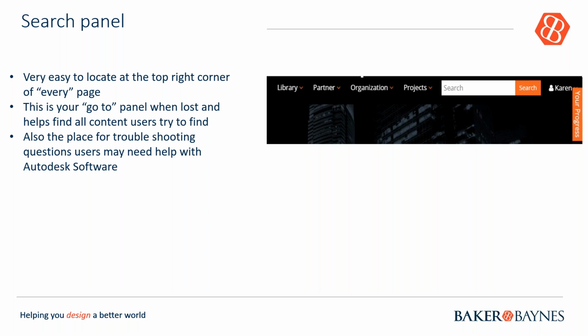It is your go-to panel when lost, and helps you find all the content that you may be trying to find. It's very easy to locate, as it is at the top of everything, and it's also the place for your troubleshooting questions that you may need help with on your Autodesk software.